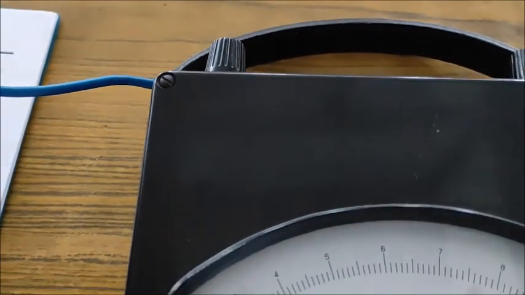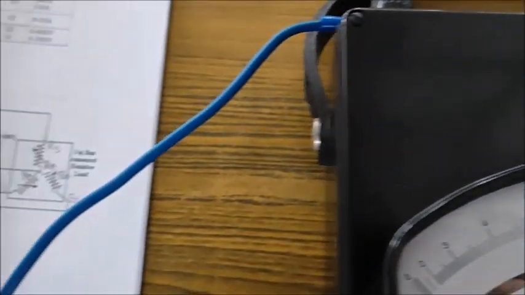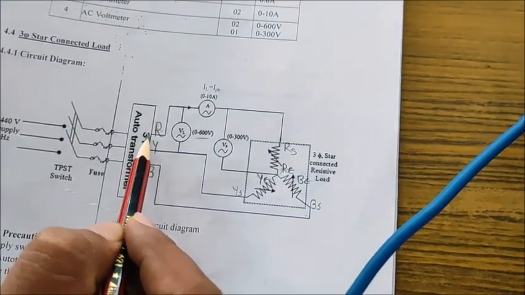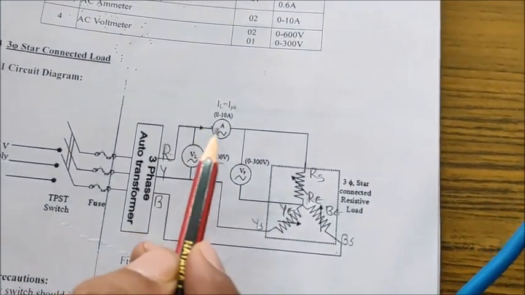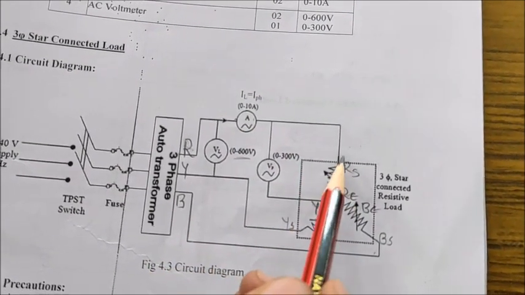Next, if you continue this path of connection in the circuit diagram, now we have connected R to the ammeter. Now from the ammeter to RS.